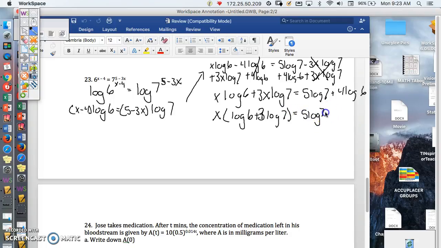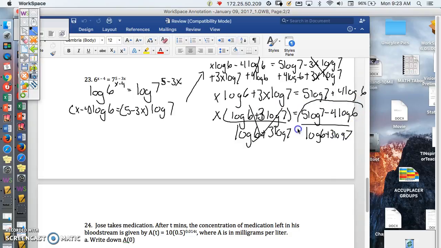So x equals 5 log 7 plus 4 log 6, and then we divide by log 6 plus 3 log 7. And if we type this into our calculator, we should get that x is 2.21.